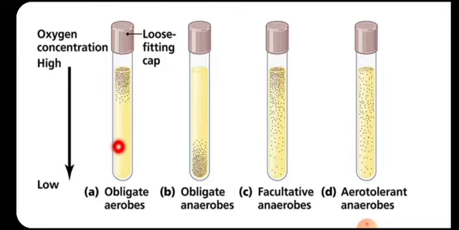This is called a gradient according to the requirement of bacteria for oxygen. The bacteria will grow in that particular zone. Strictly aerobic bacteria will be found at the top because the oxygen concentration is higher here. So this will be the pattern for the growth of obligate aerobes.